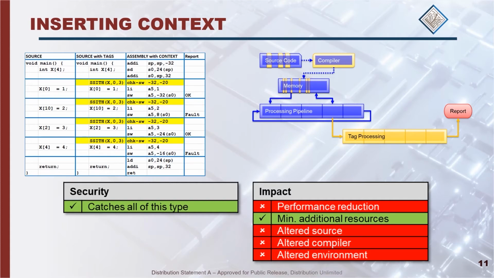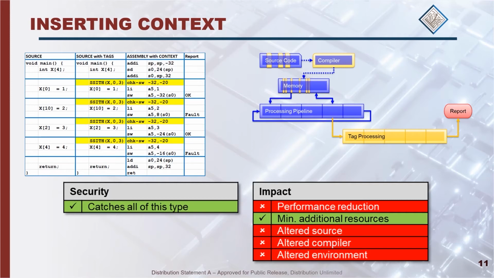A positive thing is we haven't really introduced a lot of extra resources. The memory is still the same. The processor hasn't changed. This tag processing, while it's big in this figure, is actually a fairly lightweight check that can be added on. So this is a minor additional resource to do that check out of band from the main processor.